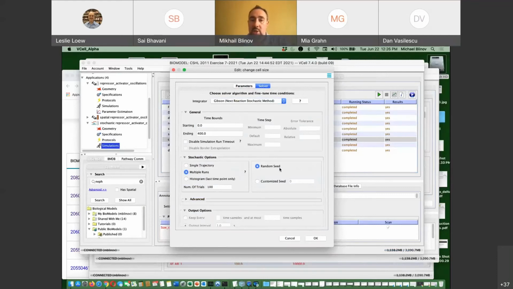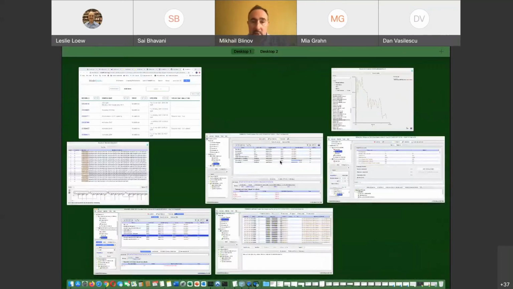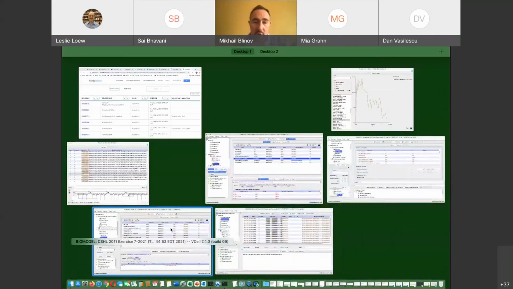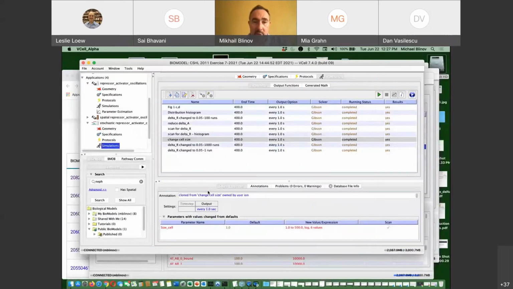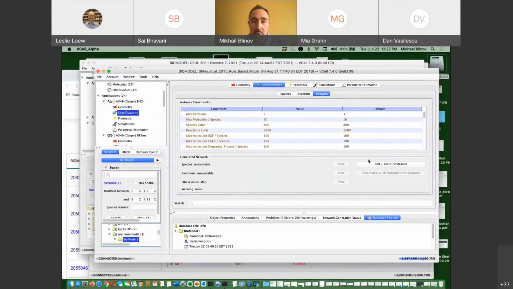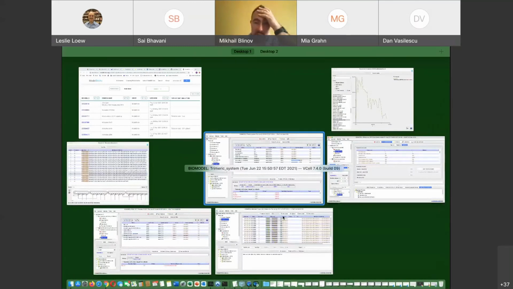When you do multiple runs, the default is random seed, but sometimes you would like to test, and then you can do a customized seed. In theory, multiple runs with a customized seed that is the same should produce just a single trajectory. I have it somewhere already simulated, so I can show you the smoothness.